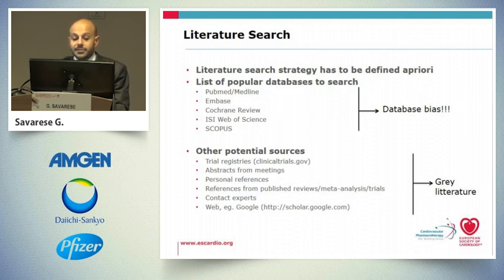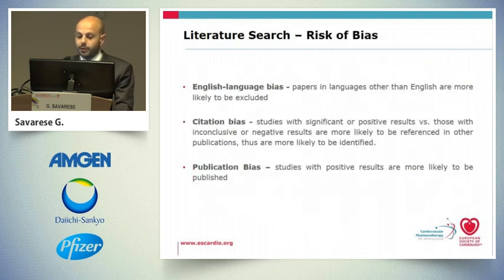Data can also be extracted from abstracts from meetings and from personal references. And it's really important to check if there are already systematic reviews or meta-analyses on the topic we are investigating, because we can use the literature already reported in these types of studies. Then we can contact experts to ask for suggestions about the literature in the field, and we can also use Google Scholar, Google, and whatever else.